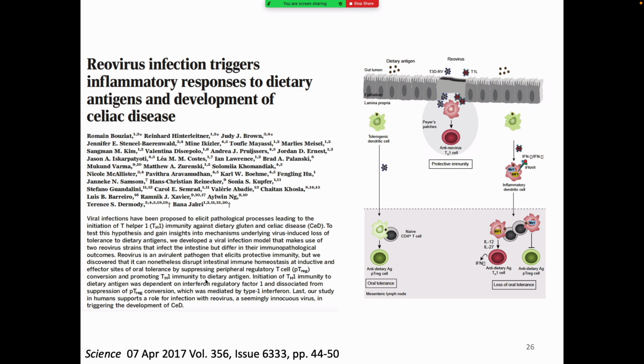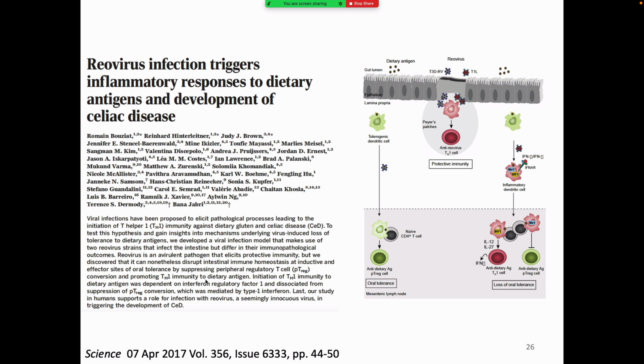So you have to be very unlucky, so that the first time you ever have this antigen, you also happen to have reovirus at the same time. If you happen to be really unlucky, now some dendritic cells are going to be getting the food antigen, and some dendritic cells are going to be getting the reovirus antigen.